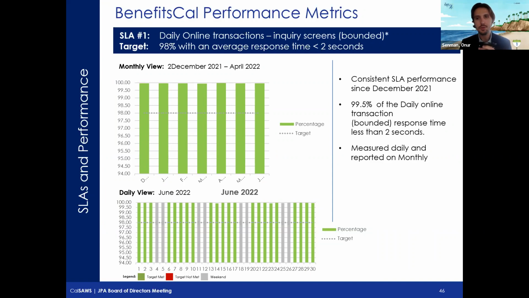The first metric is about the daily online transactions on the Benefits Cal inquiry screens, where the query result has a limit or a bound. Out of these transactions that the user experiences, 99.5% had a response time of less than 2 seconds, exceeding the 97% target since the go live up until today. If we can move on to the next slide, please.